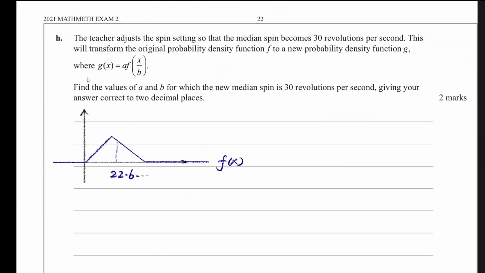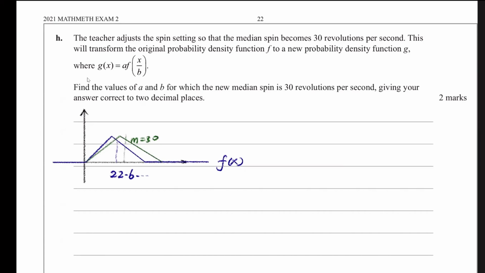And we would like to adjust the setting to get a new function, so the median will now be 30, okay? It's sort of indicating, well, you need to stretch this graph in some way. You need to stretch this function some way by a dilation.